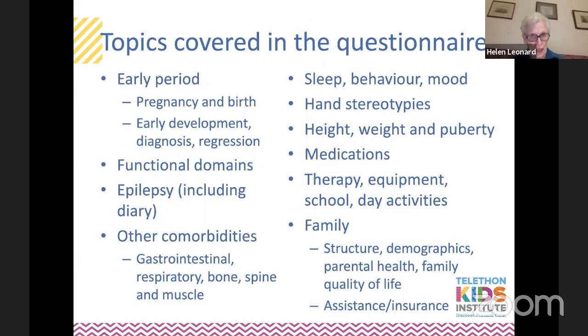So the topics that we cover in our questionnaire are the early period, the pregnancy and birth, the early development, diagnosis, regression, how the child is functioning, mobility, hand function, communication, epilepsy, comorbidities like gastrointestinal, respiratory, scoliosis, osteoporosis, sleep, behavior and mood, medications, hospitalization history, and we asked for some information about the family.